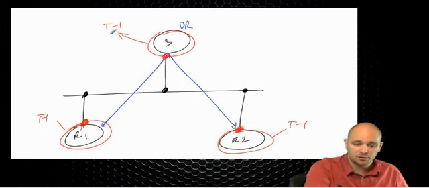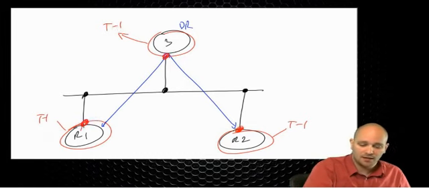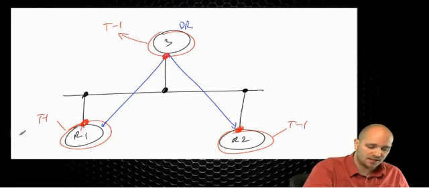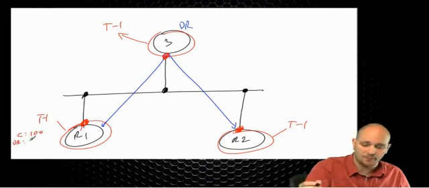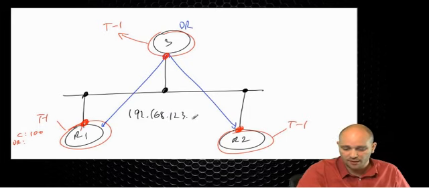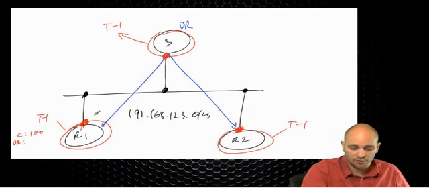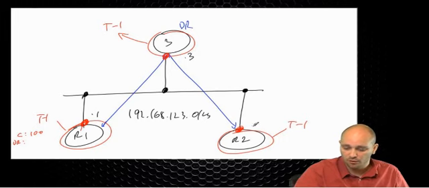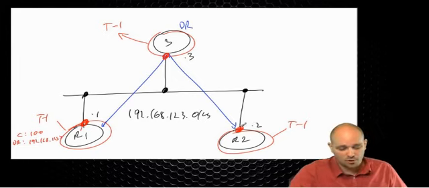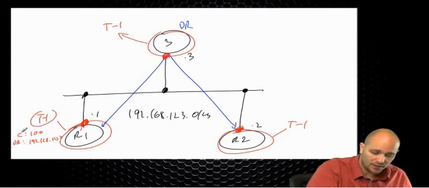So the description on, let's say, R1 may say the cost is, let's say, 100, and the designated router on the segment, and let's say that the IP address here is 192.168.1.3.